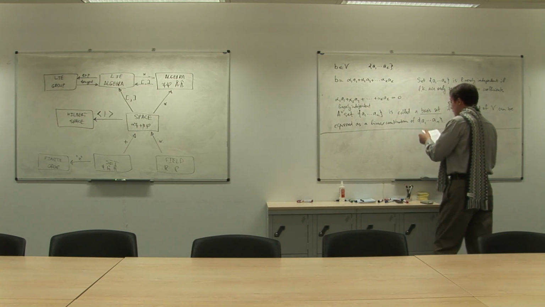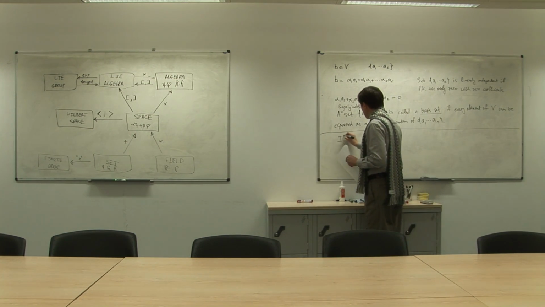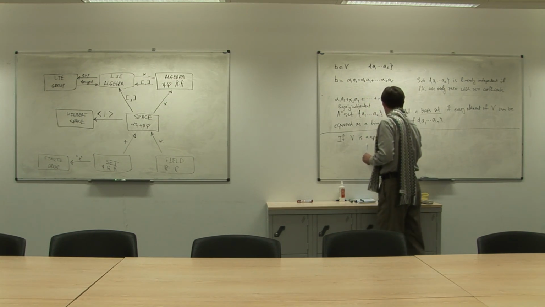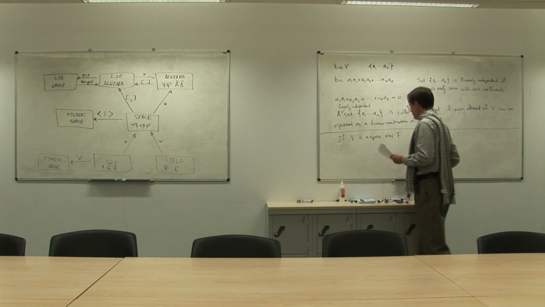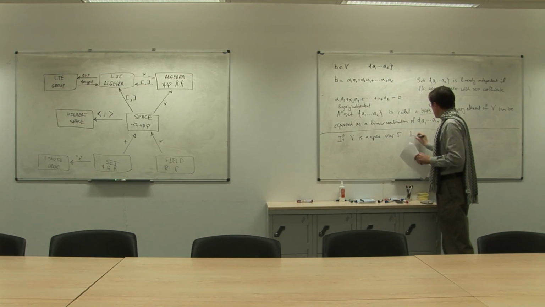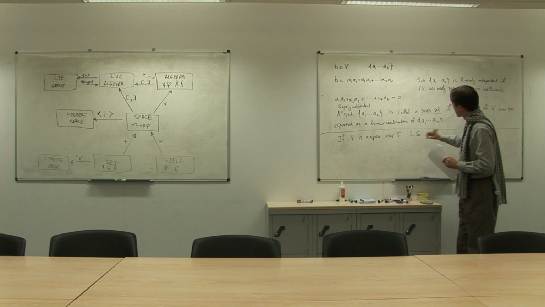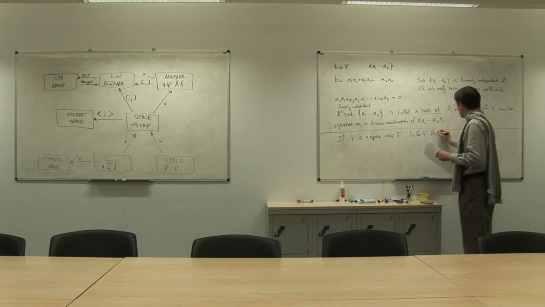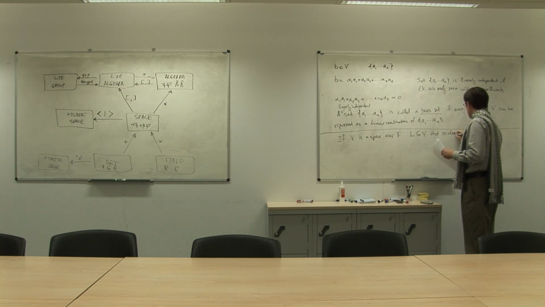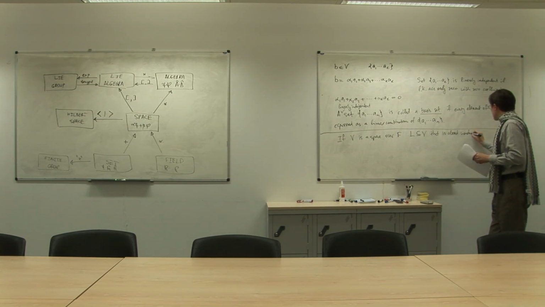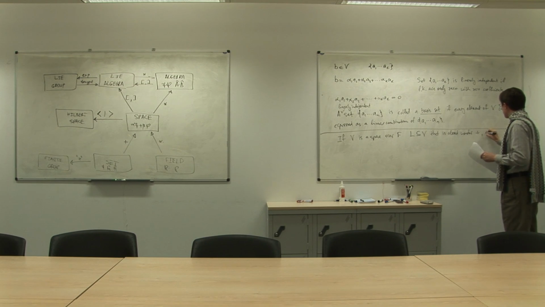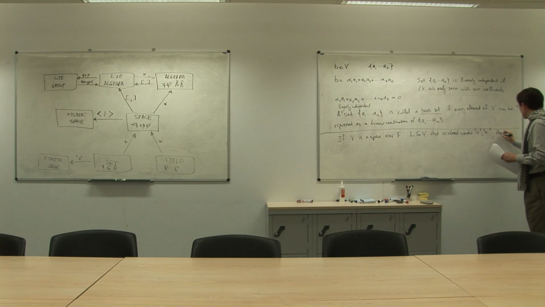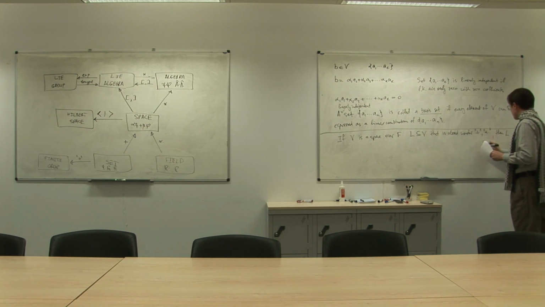So, if V is a space over a field F, and L is a subset of V that is closed under plus and multiplication by a scalar, then L is a subspace.